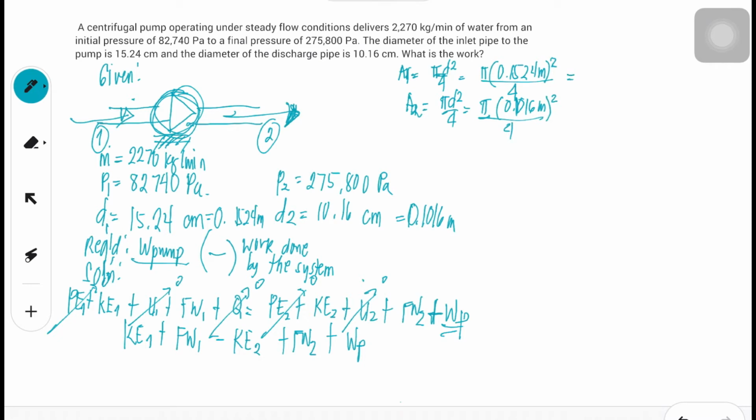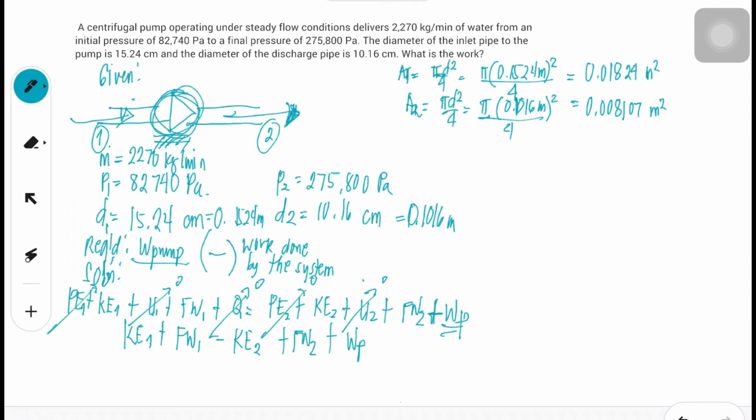So the area at point 1 is now equal to pi over 4, 0.01824 meters squared, while the other one, the area at point 2, is equal to 0.8107 meters squared. That is the area.